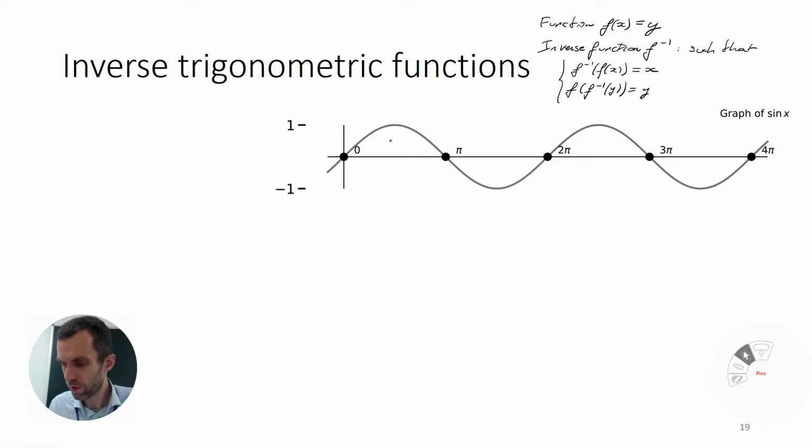If we look at the graph of sine of x here, then we have a problem because of our periodicity. If I'm given a y value, and I ask myself what x corresponds to that y value, there are many different x values that satisfy that. I have one here, here, and then with 2 pi periodicity also here, here, and so on. And I also have that in the negative direction.